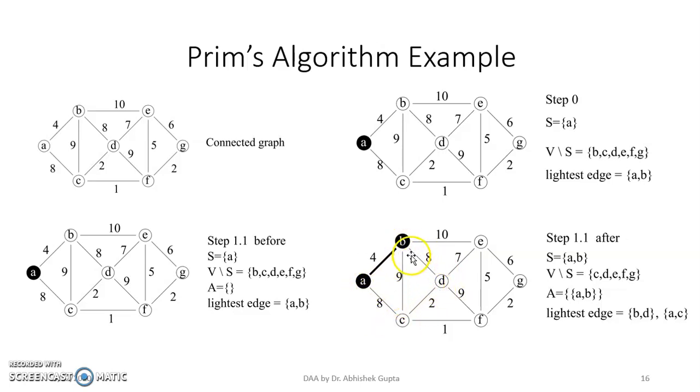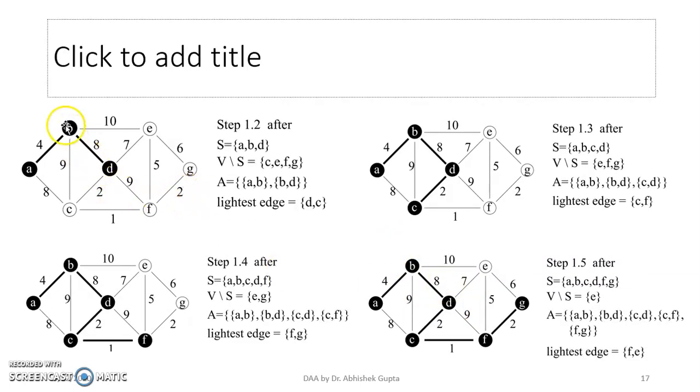So you can select either of the two to grow this tree further. Let's say I select this BD, right? So here you can see A comma B and B comma D. These are the two edges, and the remaining nodes are C, E, F, G, right?